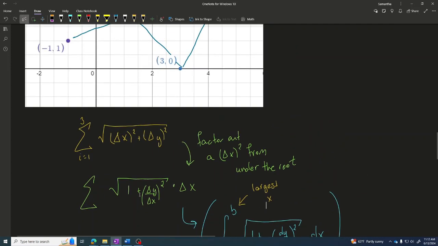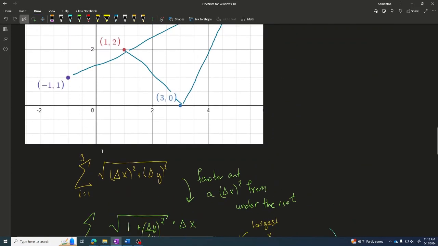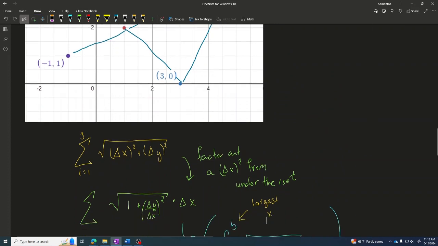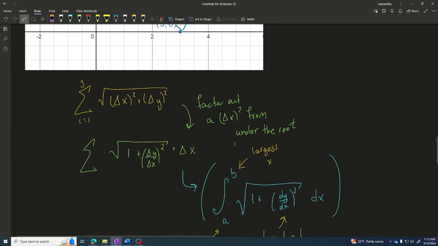And that's just a result of taking the distance formula from 2D and factoring out delta x, and then letting the space between the data points get smaller and smaller.